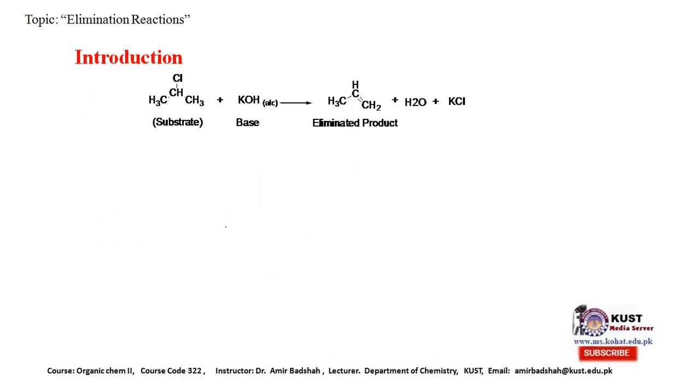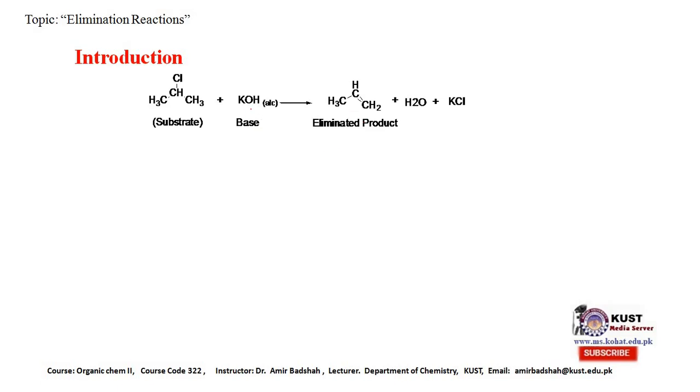Let us come first to the introduction. Mostly in this case, a substrate is attacked by a base, and as a result of which an eliminated product, an unsaturation, is produced.